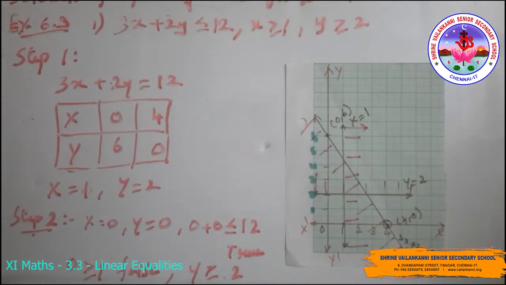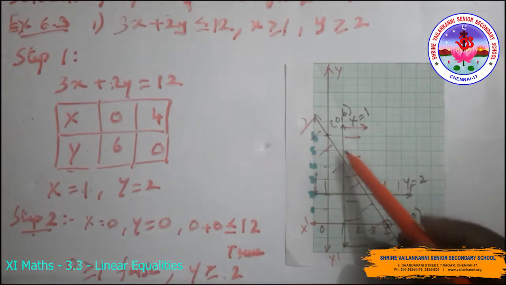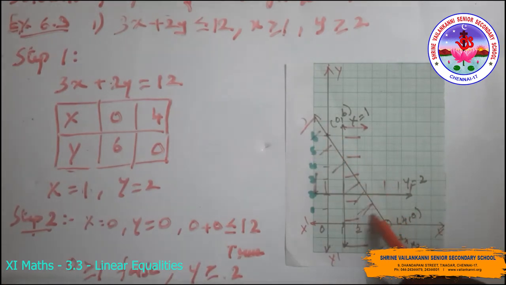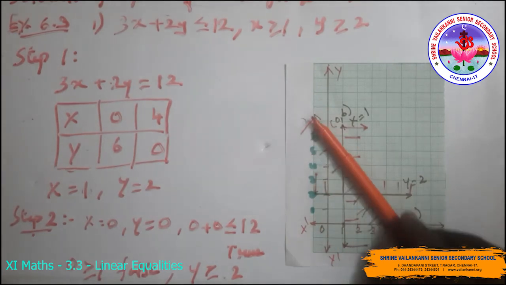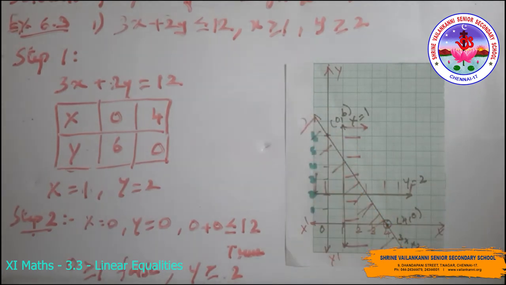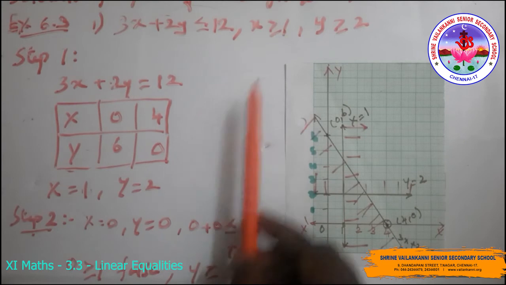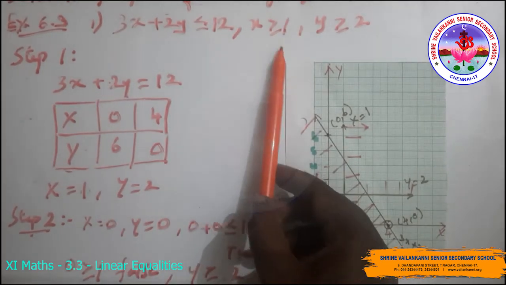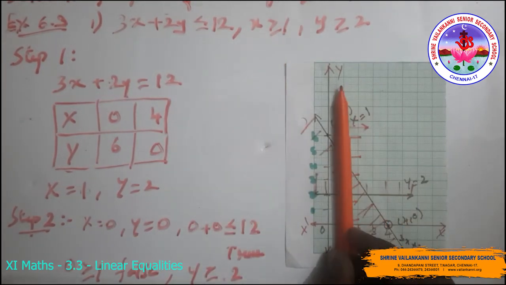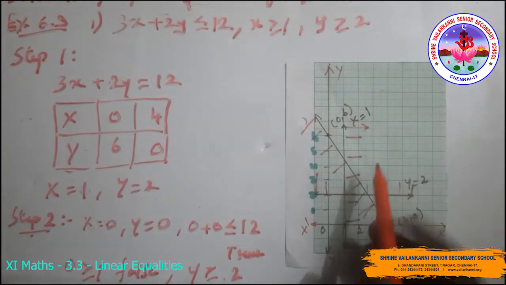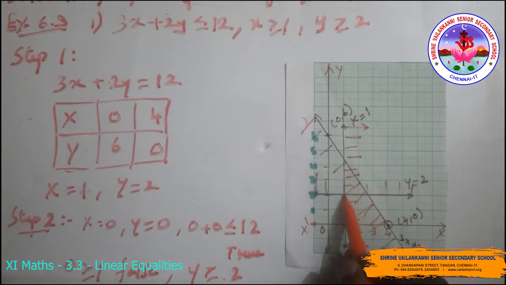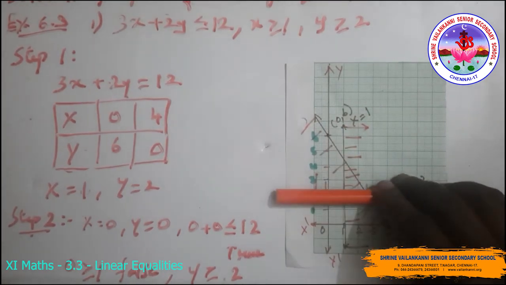So we have to find the common region, or the common shaded part, in these three inequalities. The first inequality, which is true, lies towards the origin like this, then the second inequality, x greater than or equal to 1, lies outwards from the origin, so this part, and the third one also lies outwards from the origin.